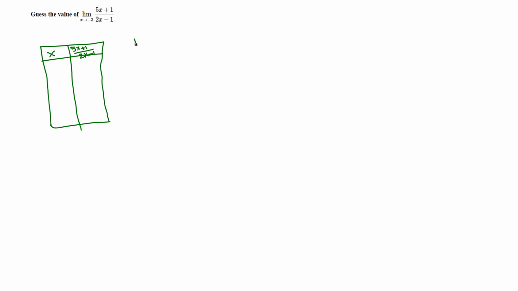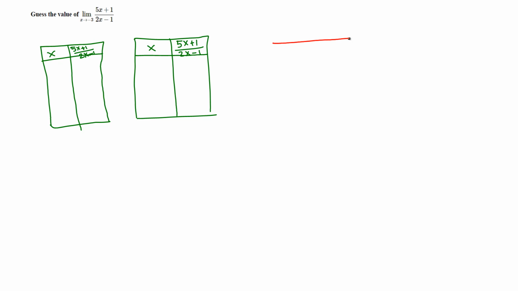And we do the same thing here. We choose x values and evaluate the function values 5x + 1 over 2x - 1. Here x approaches -3, so let's look at how to choose x values.